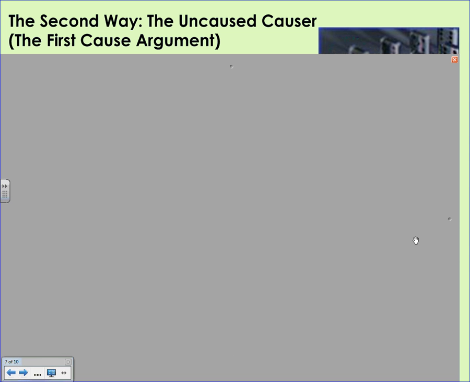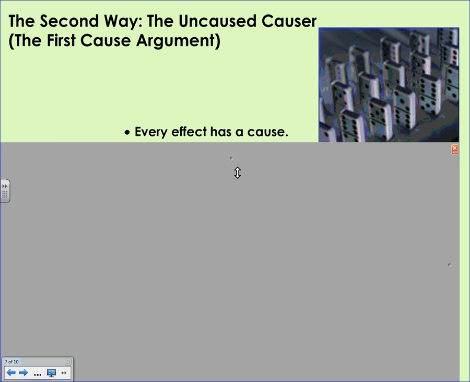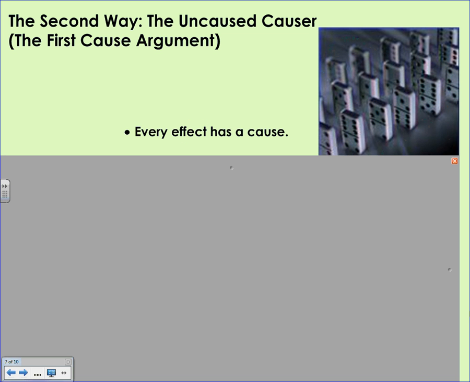Now, the second way is quite similar. Many people will be tempted to just say the second way is the same but substitutes a different word, but that isn't quite accurate. It is important in an essay to be able to go through both the first way and the second way. We can break it down using very similar wording, because we can say that he notices every effect has a cause.